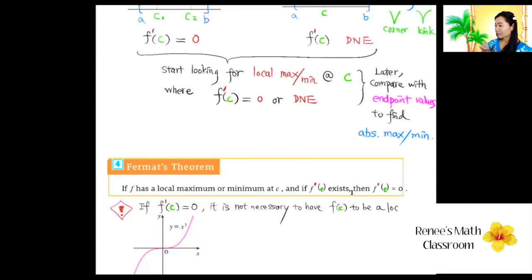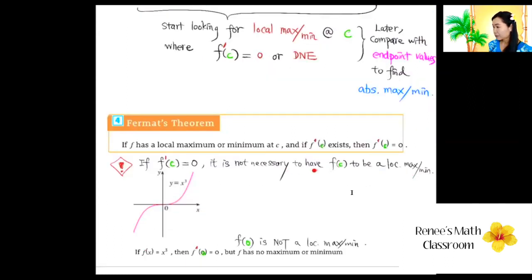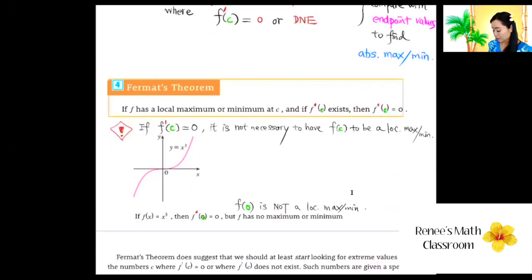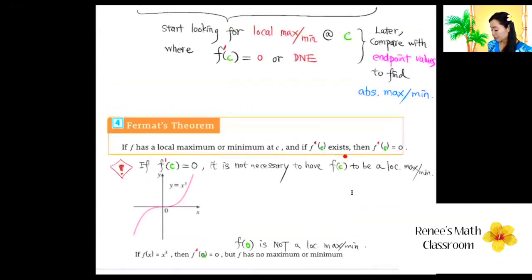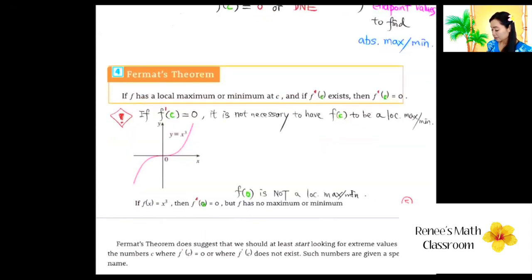But vice versa, if the derivative equals 0, it's not necessary for the function value to be a local max or local min. So it goes this way: if it's a local max or local min, then the derivative either equals 0 or does not exist. But if it goes the other way, it's not true.